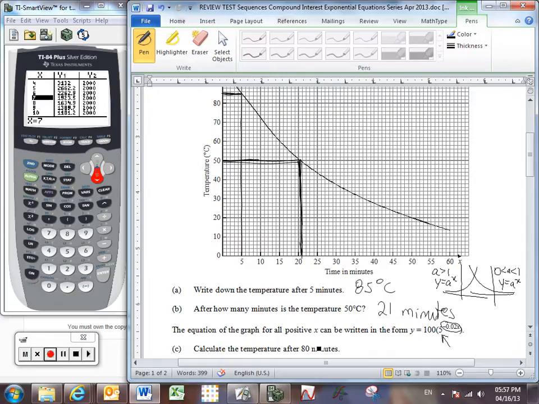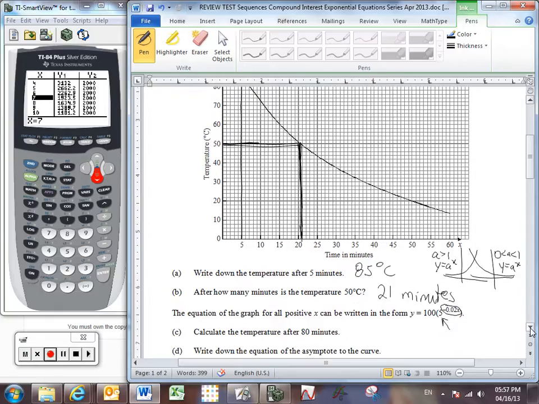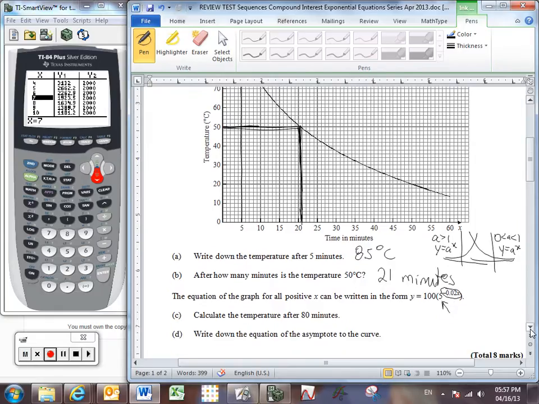Part C, it says to calculate the temperature after 80 minutes. So let's substitute the 80 into this formula. 100 times 5 to the power of negative 0.02 times 80. So let's see what we get.